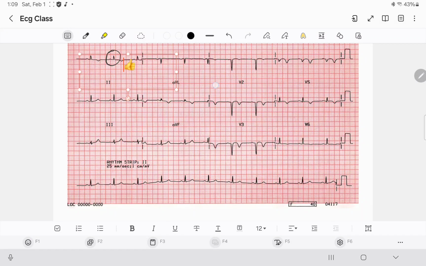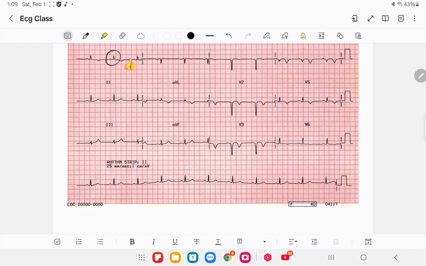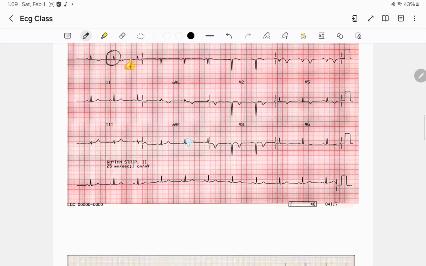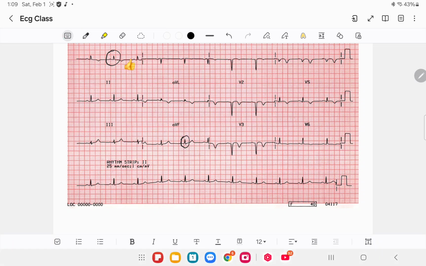Great, thumbs up. And let's look at lead AVF. It's positive too, so we're gonna put a thumbs up there.